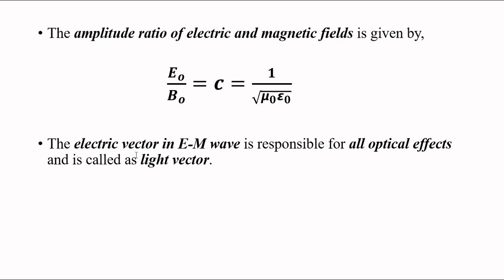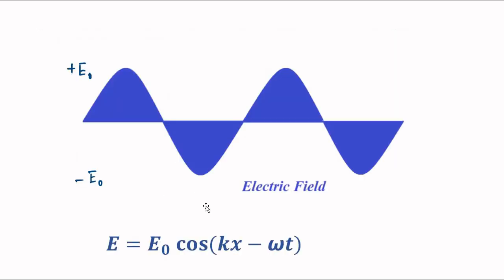Another important property is that the electric vector of the electromagnetic wave is responsible for all optical phenomena. It is particularly used in fiber optic communications, in optoelectronic sensors and transducers.